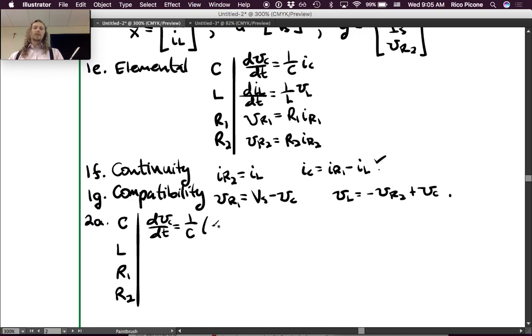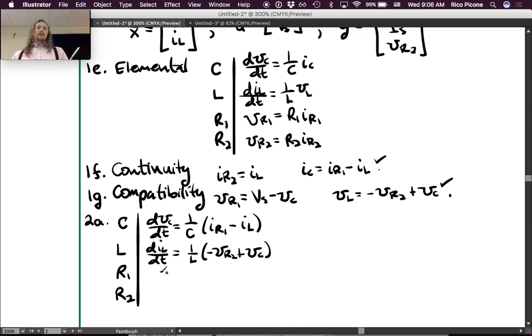IC is equal to IR1 minus IL. The next equation is dIL/dt equals 1 over L VL, right? 1 over L. And then instead of VL, we're going to substitute in negative VR2 plus VC. So we've used this equation.